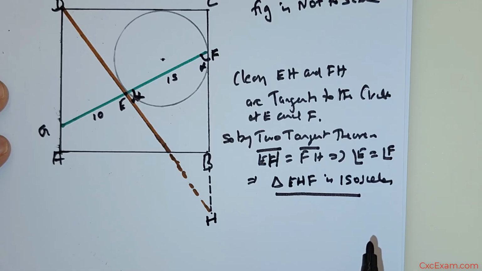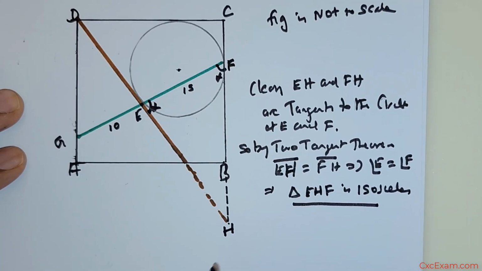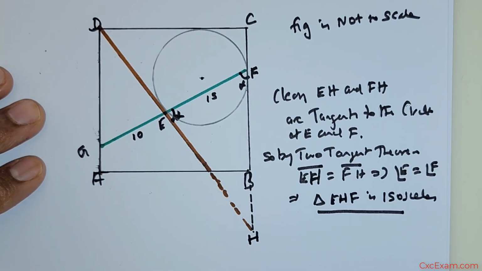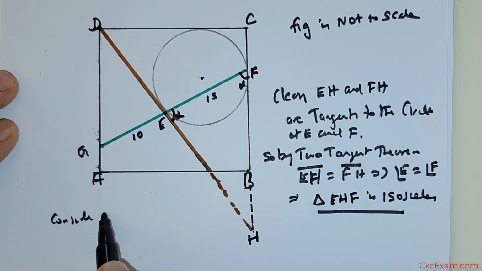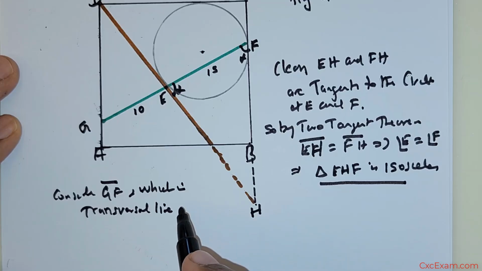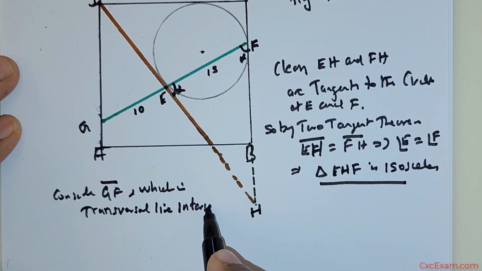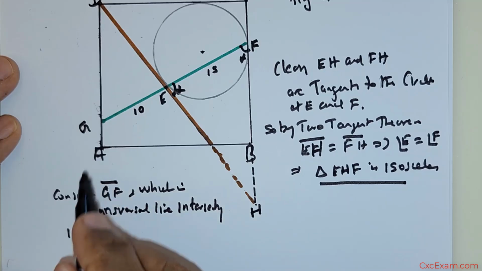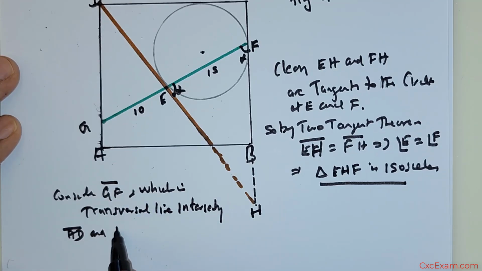Now what next we will have to do is we will have to look at this line. Consider GF, which is a transversal line intersecting AD and BC, which are parallel lines.